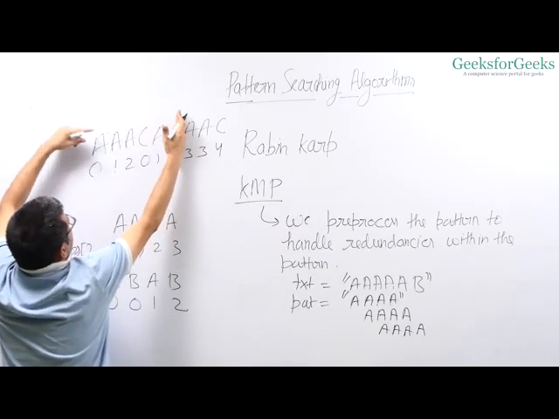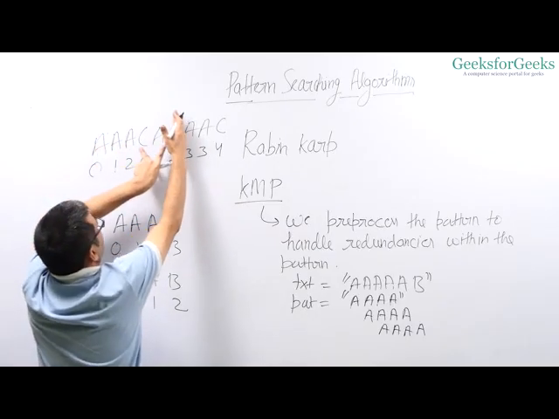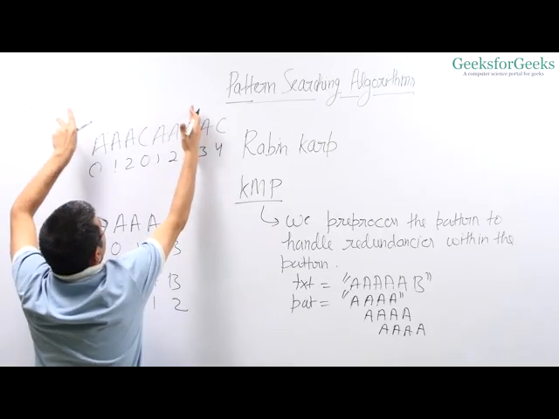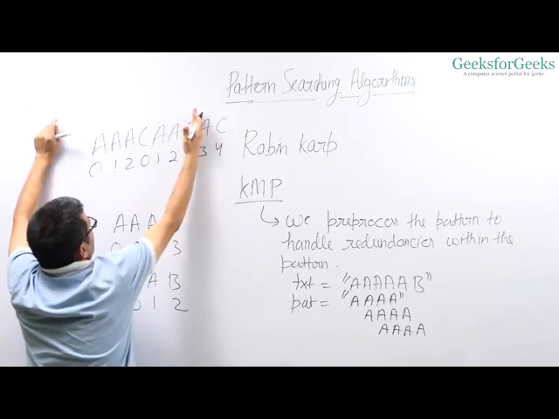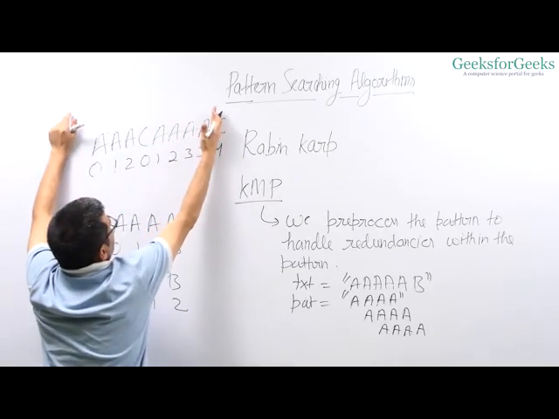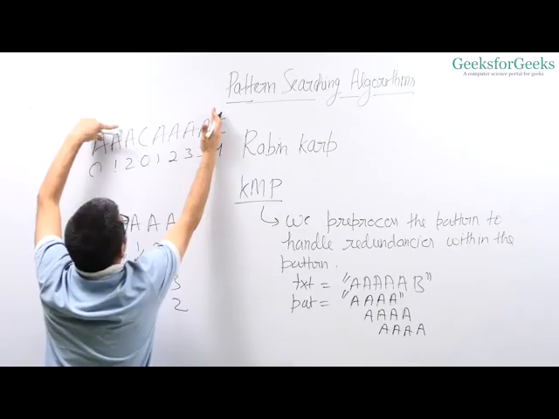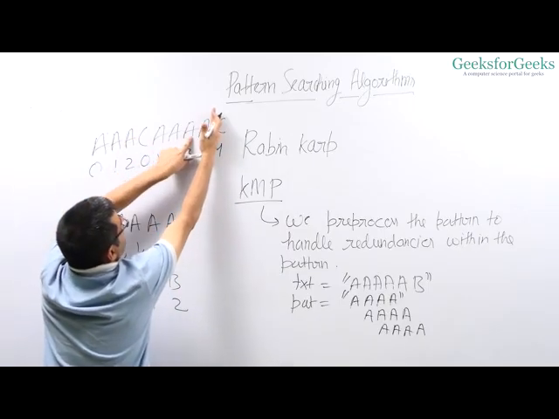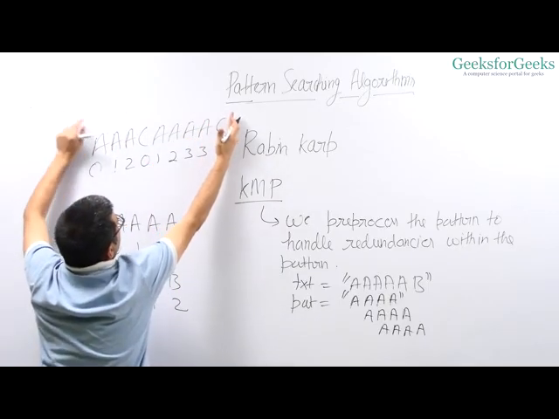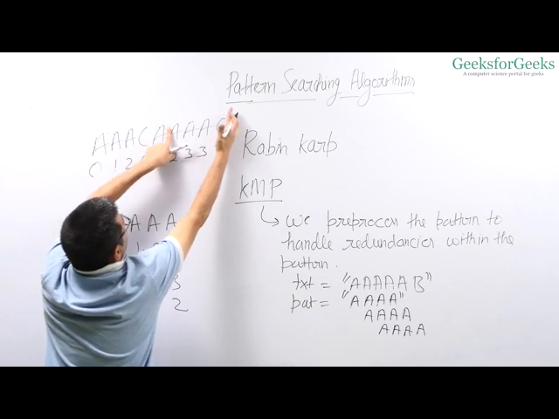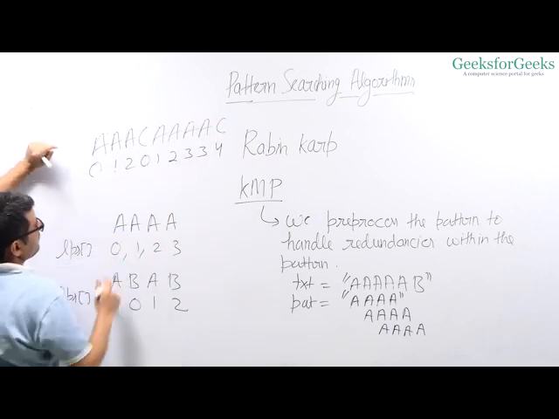You can try the bigger ones. If you try AAA, it will not be a suffix, right? Longest proper prefix, which is also suffix, 3. Here, again 3, right? Not 4, because the 4 length is AAAC, not matching with the suffix. AAA is matching with this AAA. Here, 4. Longest proper prefix, which is also suffix.